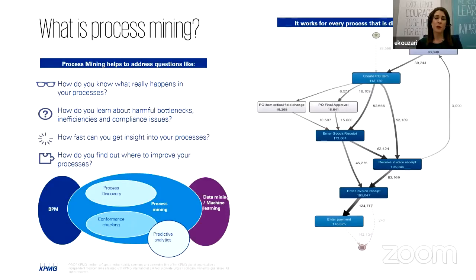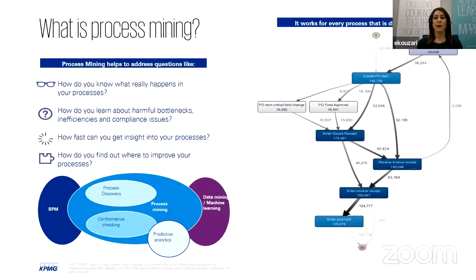They tried to combine both fields and create an area where they could look at the processes, but also apply artificial intelligence on the models that are extracted from systems to get all the benefits this might bring. So process mining consists of process discovery and conformance checking.